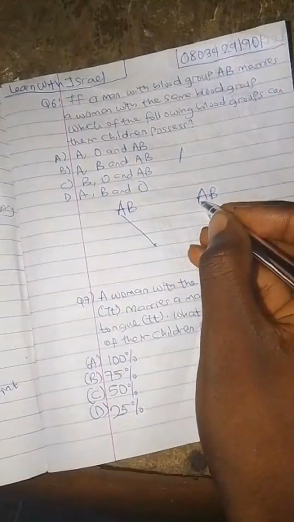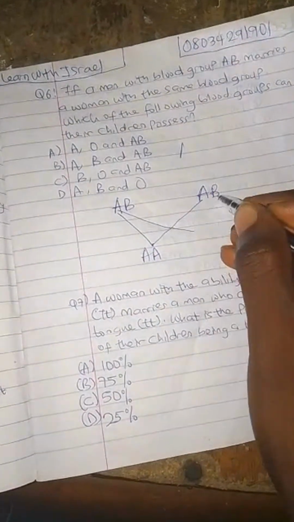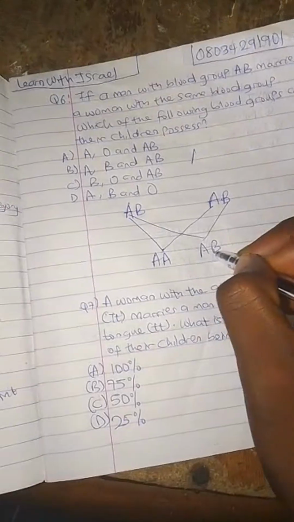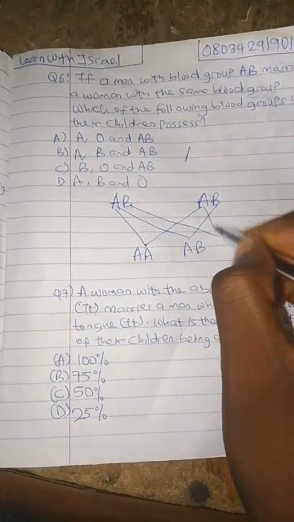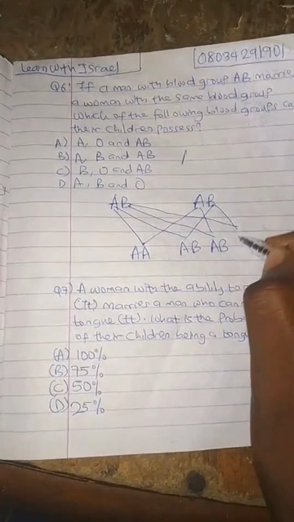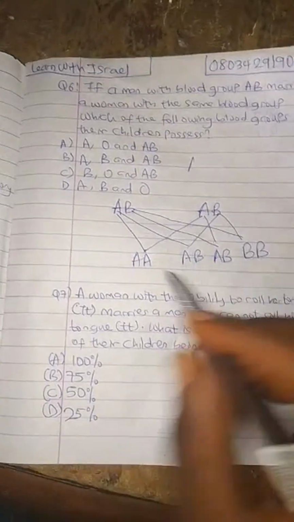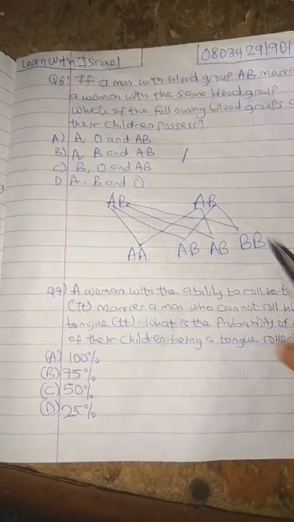So let's pair it. I have AA, AB, AB, BB. You have AA, AB, AB and BB.